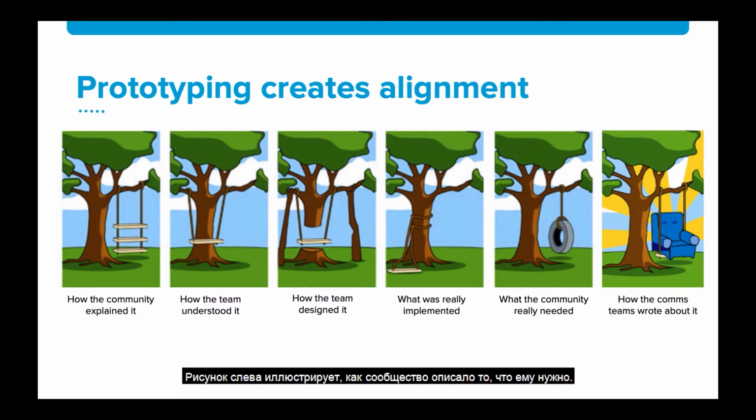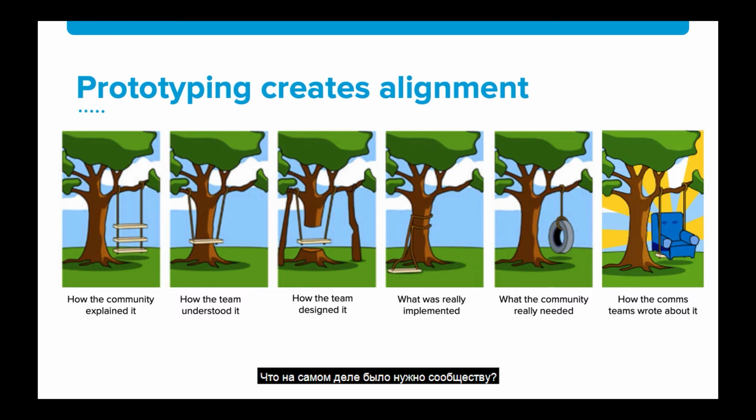On the left, maybe that's how the community explained it. But then the team understood it a bit differently. And when it came to the team who designed it, well, it became more different. But what was really implemented was something far away from what the community explained to us.